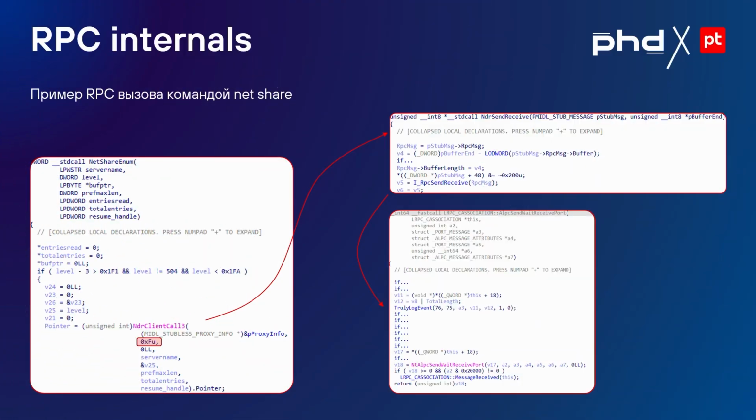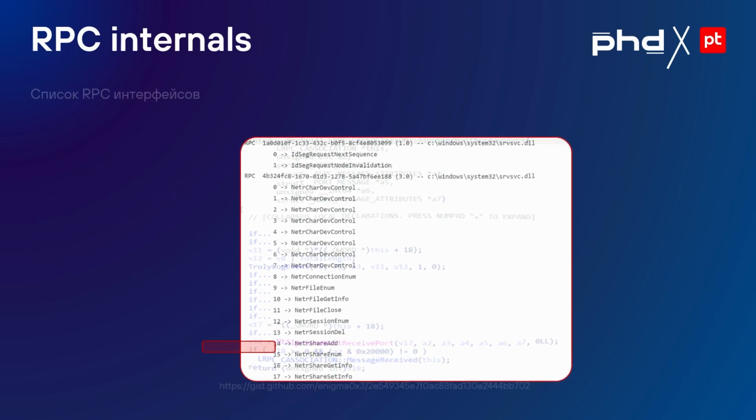So it's a packet with all the serialized arguments, whom do you send it to, and if we trace further, we'll see NtAlpcSendWaitReceivePort is a system call, and that's the endpoint of our RPC request.